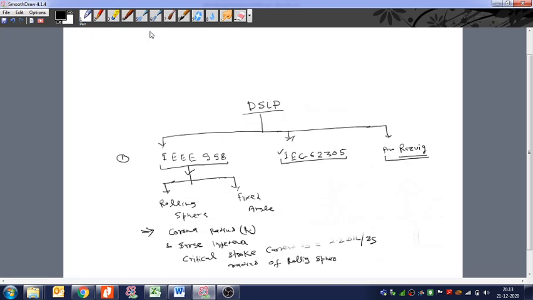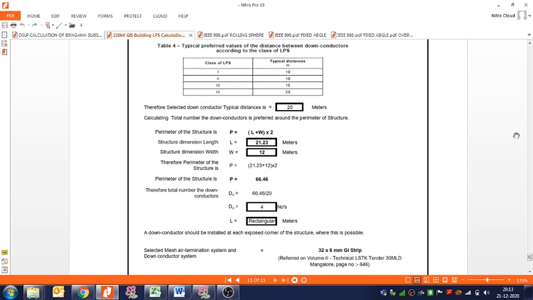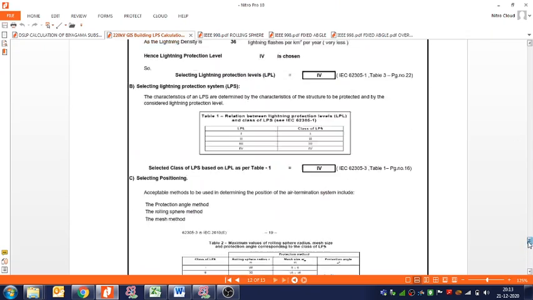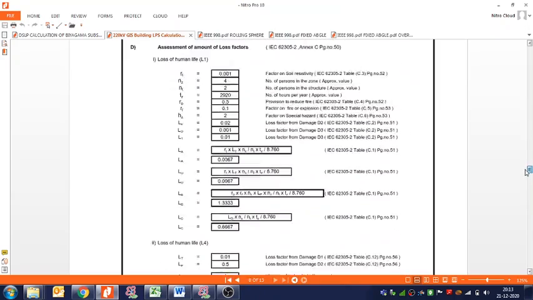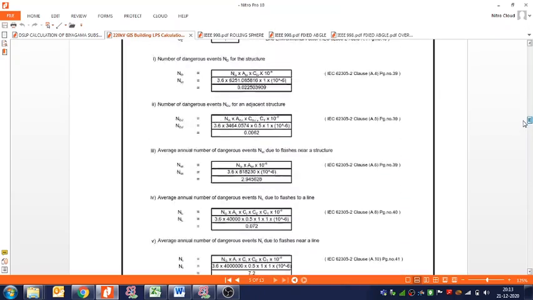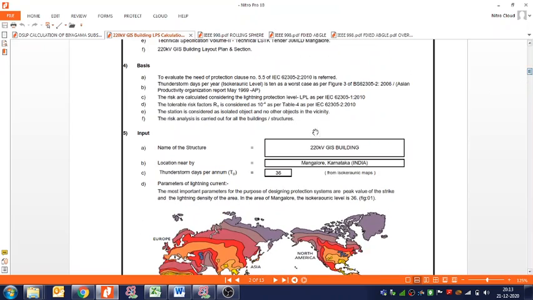Let us discuss this lightning protection through some project. This is a 220 kV GIS substation, and these calculations are for the GIS building. So how we have performed here this lightning protection calculations.